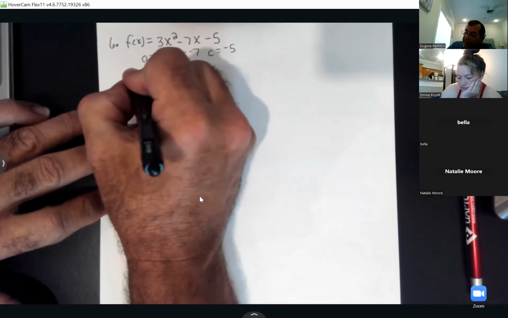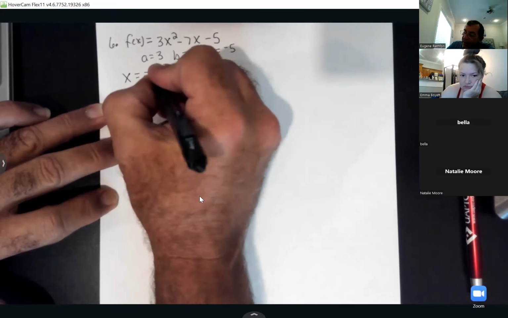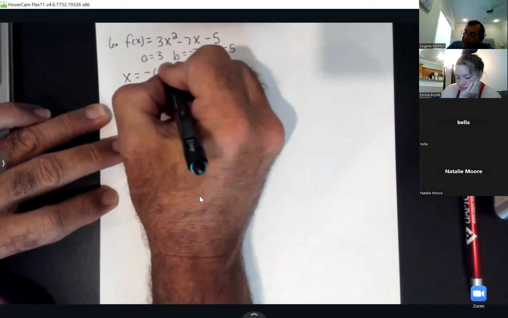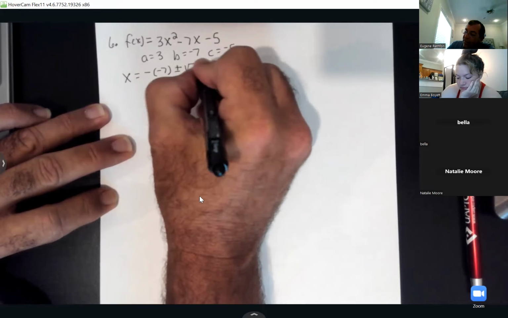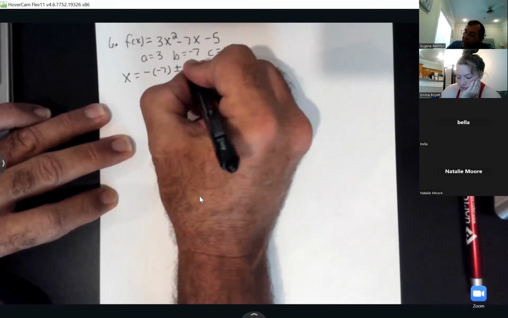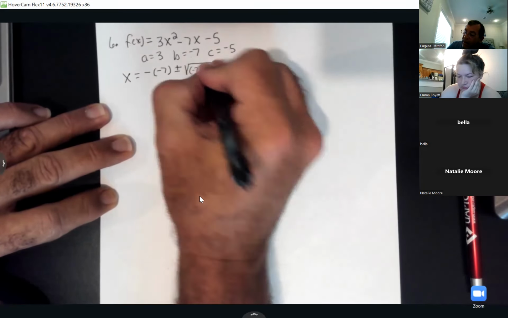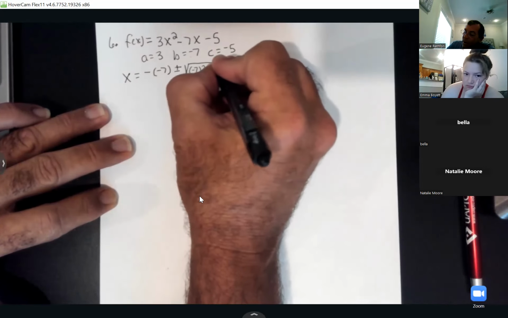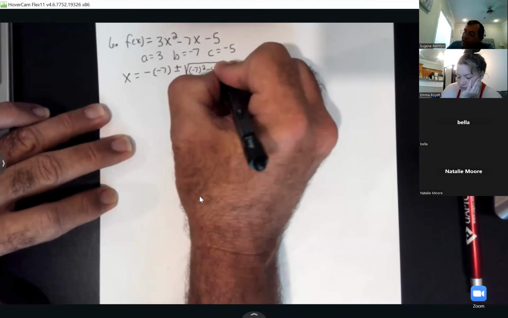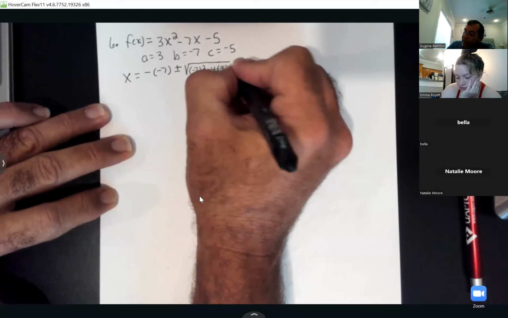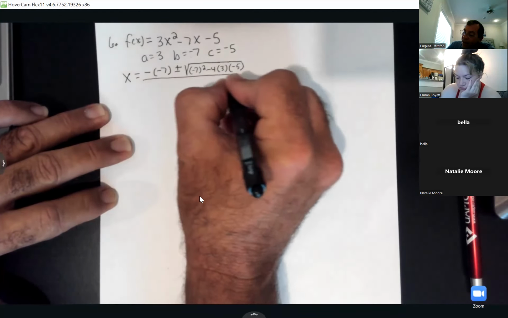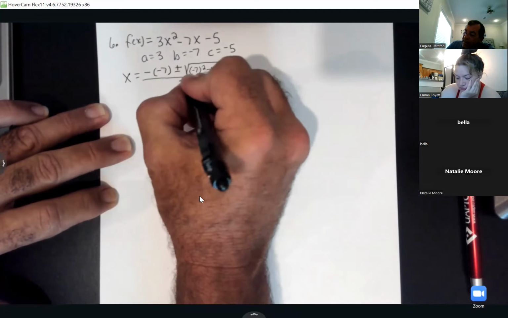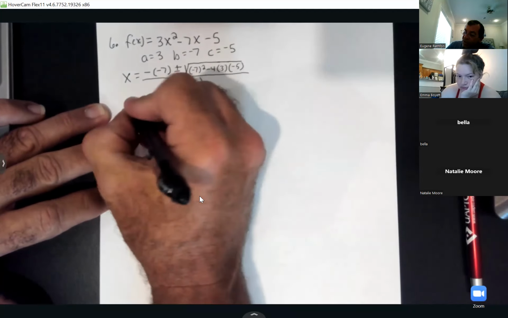We get x equals negative times b, which is -7, plus or minus our square root. B squared will be -7 squared minus 4 times A is 3 and C is -5. All that over 2 times my A, which is 3.